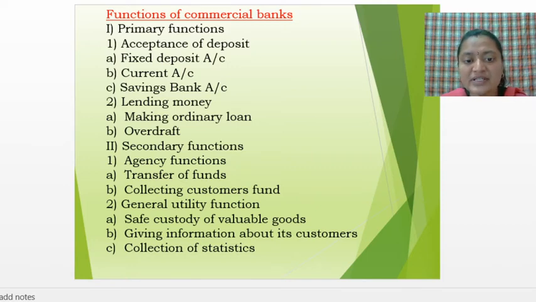In that, the first one is safe custody of valuable goods. The bank also allows locker facilities. In the locker, gold ornaments, precious and valuable items can be kept.